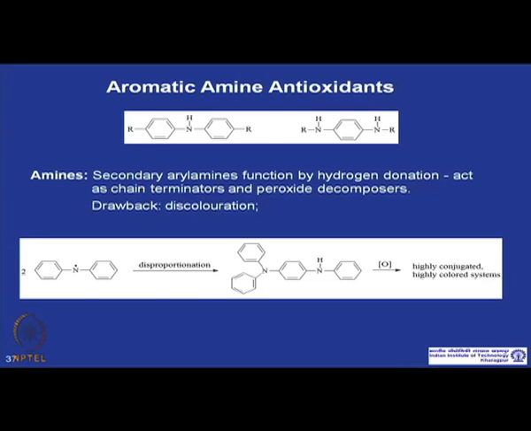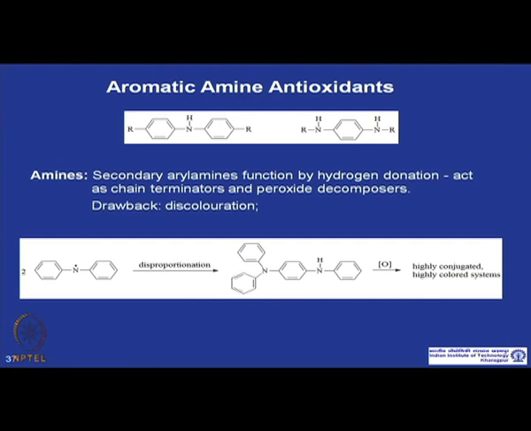The aromatic amine antioxidants, hindered amines, which as we said, increase the rate of termination reactions. So, they are amines, secondary aryl amines, that function by hydrogen donation, and they act as chain terminators or peroxide decomposers.